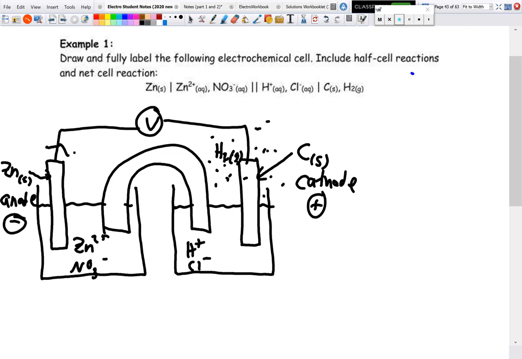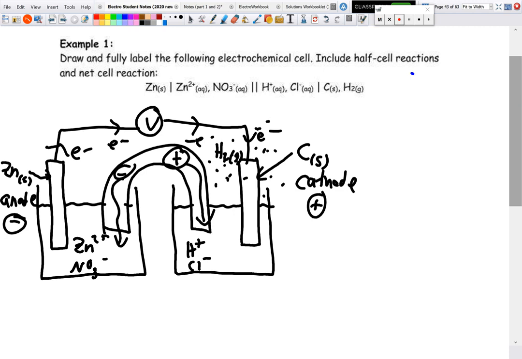The electrons are going to leave from my anode to my cathode. And I know my anions, negatively charged ions, are going to go here from the salt bridge and my cations go here. So that is fully labeling our cell. We have everything that we need.